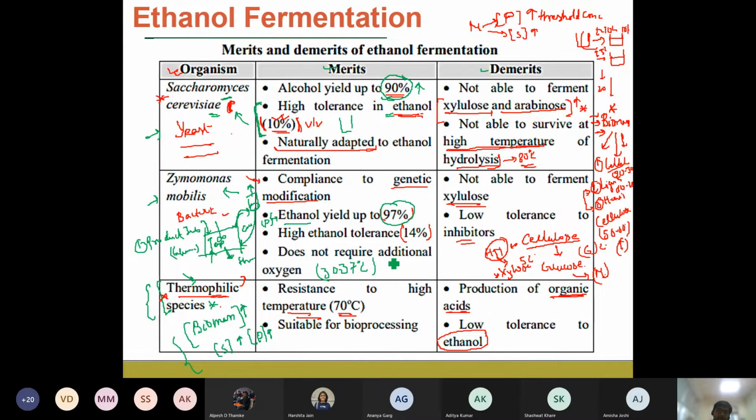To maintain that temperature, you have to have heat exchangers installed along the periphery of these bioreactors, which make sure that we have these temperatures. That adds to the cost of the overall process.